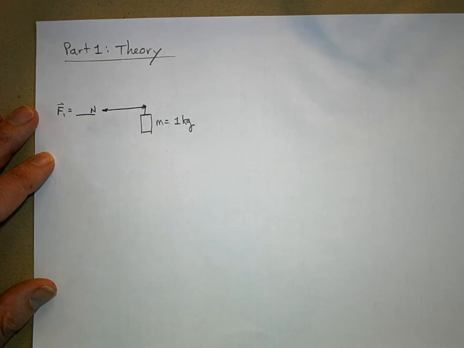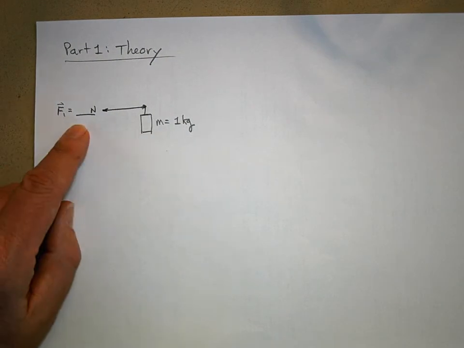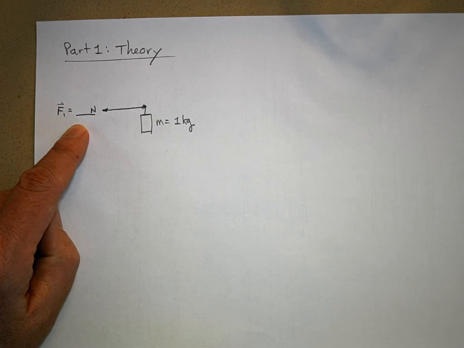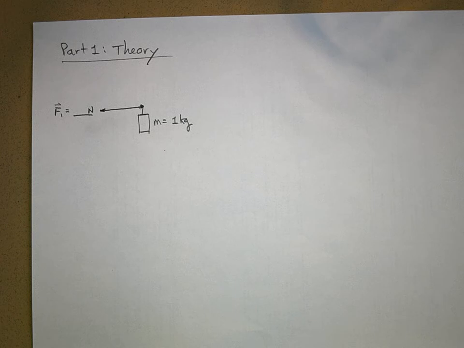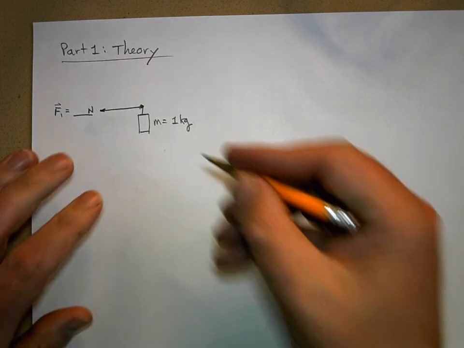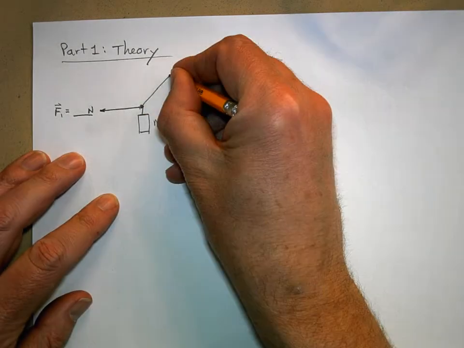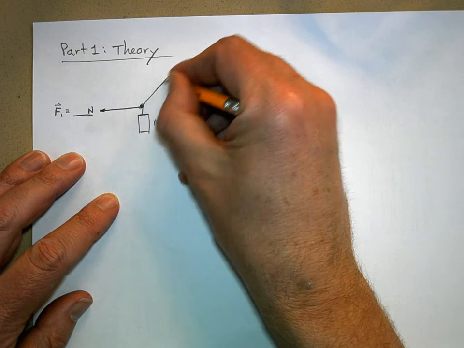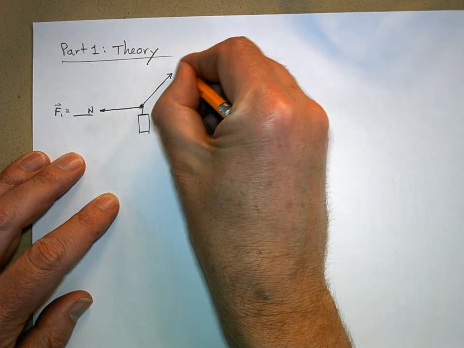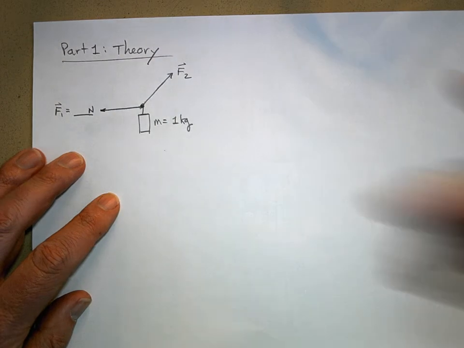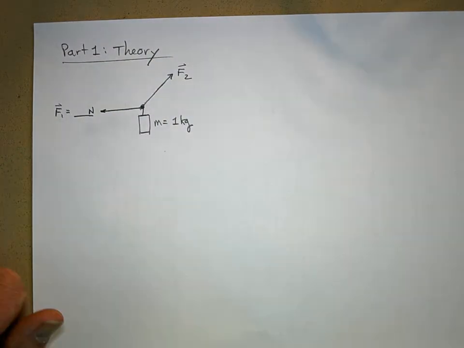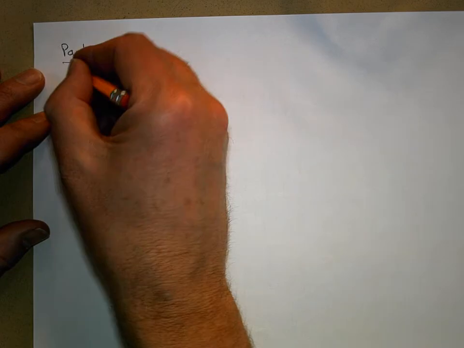I'm going to give you the number of newtons depending on what group you're in. Every group's going to have a different value to put here. So hold on, I'm going to give you that value in just a minute. And then F2 is going to be tied to here separately. You're going to pull on a string, and we're going to use spring scales to measure these. So this is what's given.